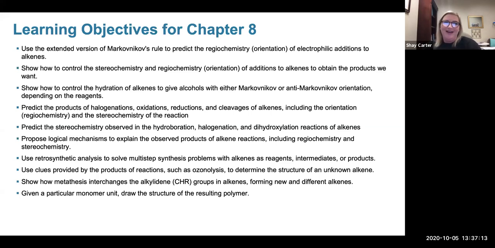It's not too hard. So we're going to use the extended version of Markovnikov's rule to predict the regiochemistry, which is the orientation of electrophilic additions to alkenes, okay?